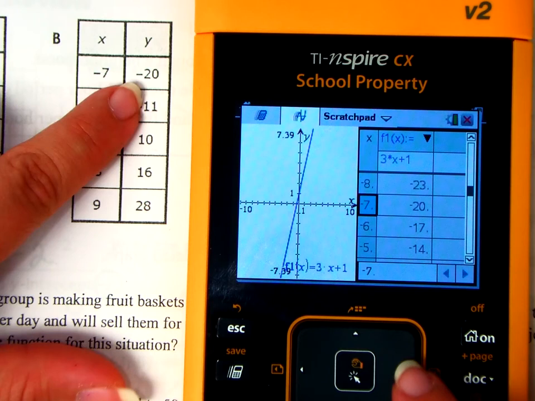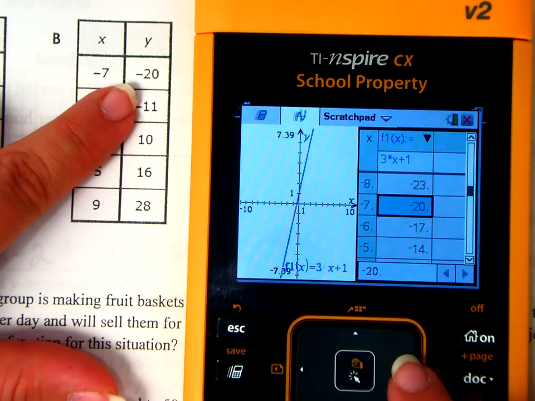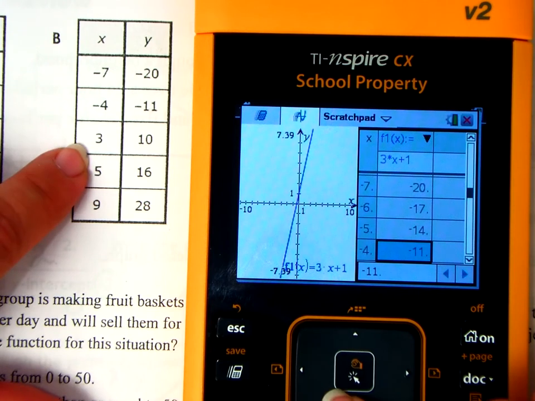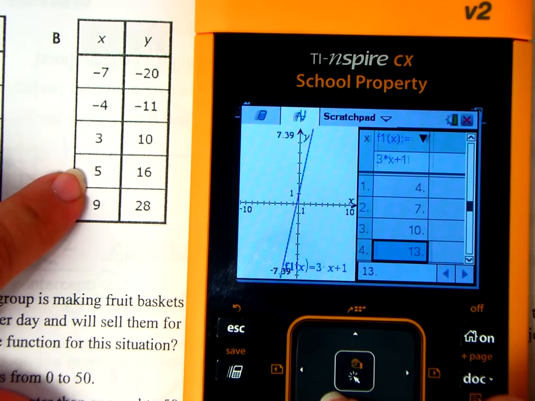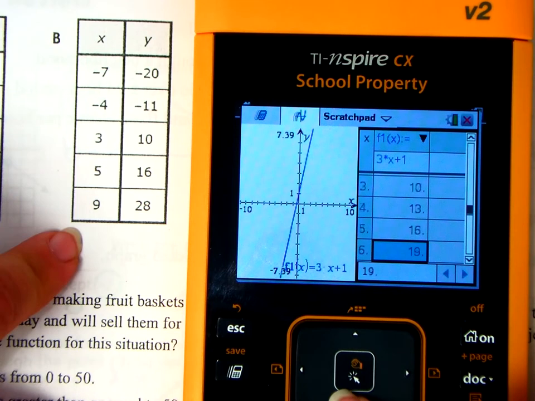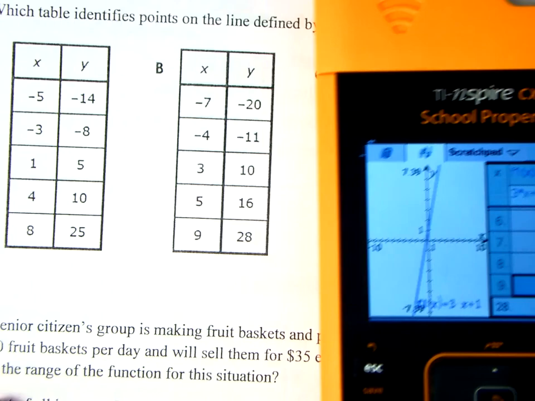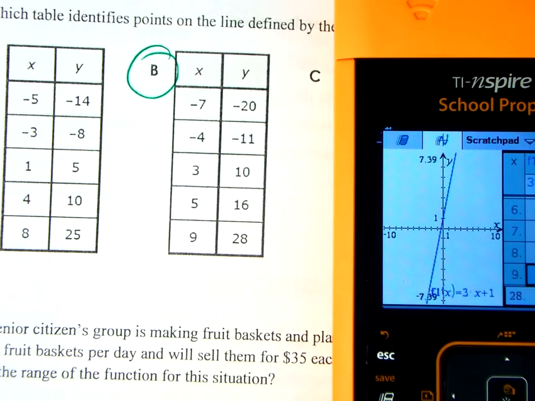Here's x negative 7 and negative 20. That point's there. Negative 4, negative 11, 3, 10, 5, 16, 9, 28. If it matches, then that's your answer. If it doesn't match, you're not looking at the right table.